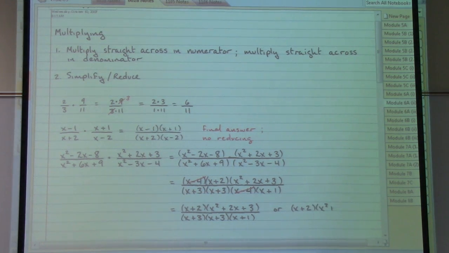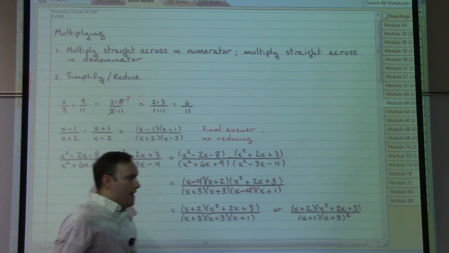For instance, we could have our denominator where the x plus 1 shows up first and the x plus 3 would have a power of 2.